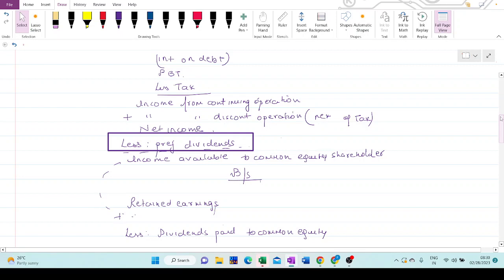We will use the rate at which we can raise fresh common equity and fresh debt today. And this is why sometimes the weighted average cost of capital is also known as the marginal cost of capital, that is the cost of raising additional capital. Guys, is this point clear?